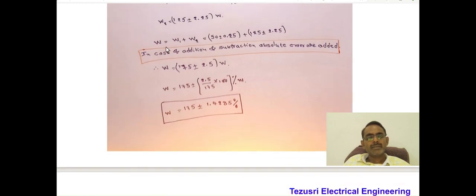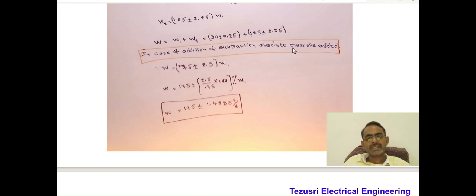Then the total power equals W1 plus W2, the sum of the two wattmeters, equal to 50 plus or minus 0.25 plus 125 plus or minus 2.25. In case of addition and subtraction, the absolute errors are added up.